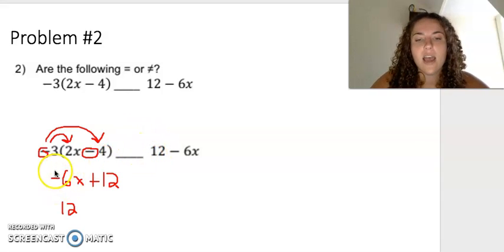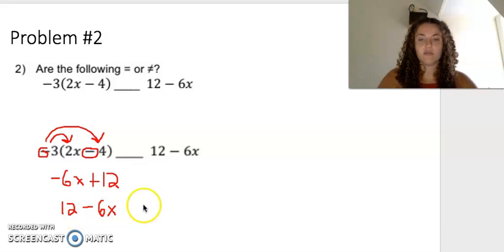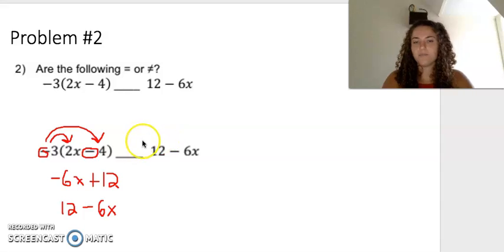And here we have negative 6, but when we put it in an expression, it's 12 minus 6, which is the same thing that we have on the right side. So this would mean that this problem is equal.